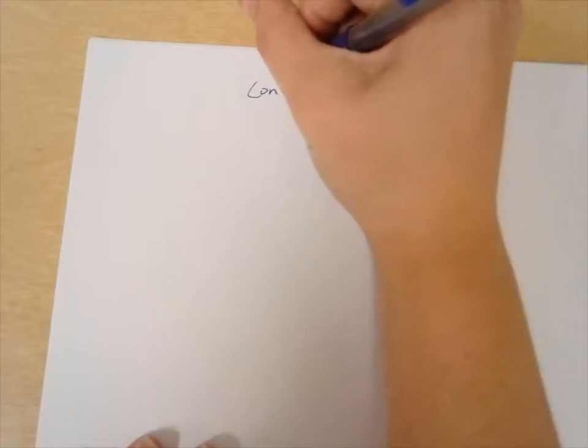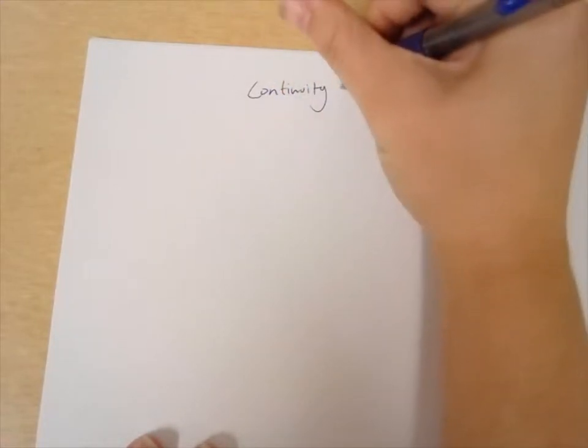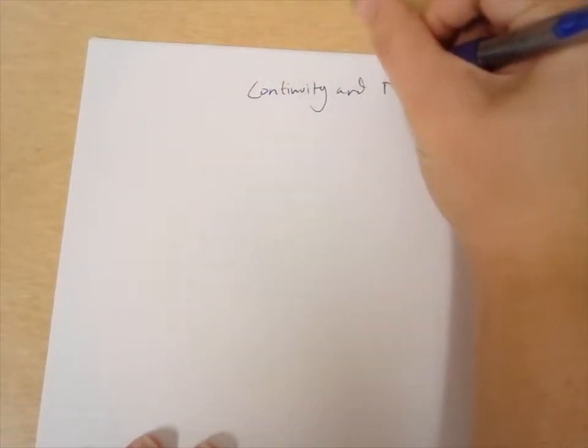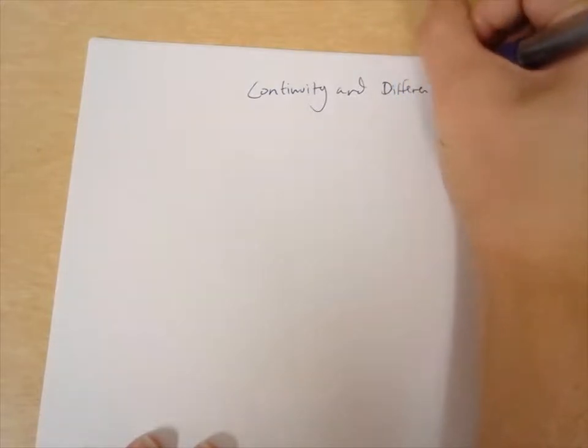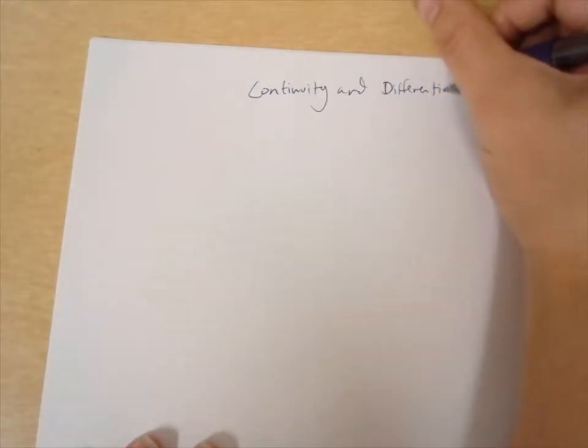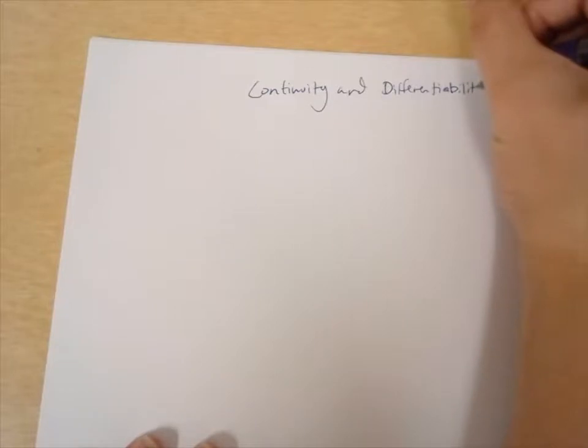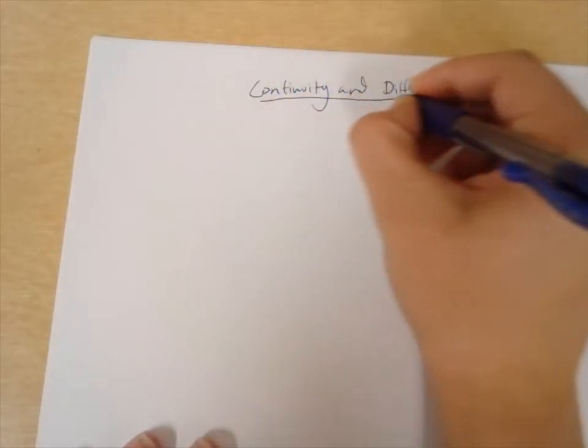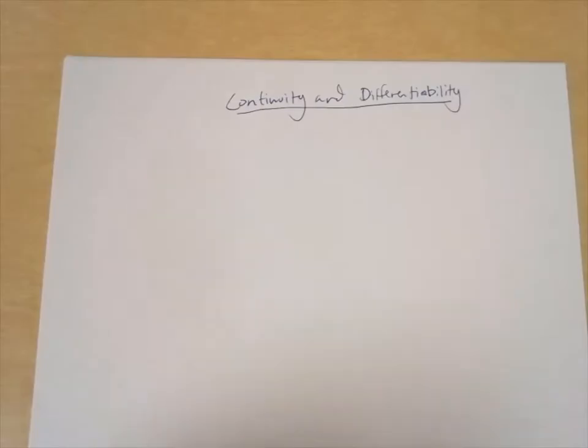But before we do that, let's do some formal definitions real fast. It's always a good idea to do those. We're going to talk about continuity and differentiability between inverses and their functions.